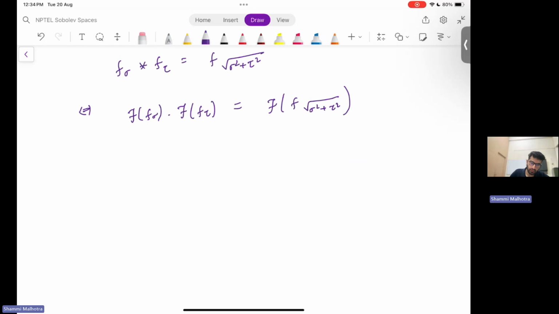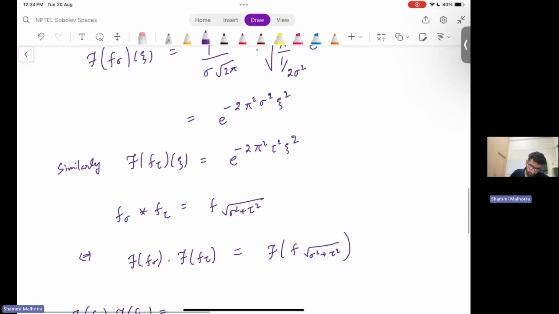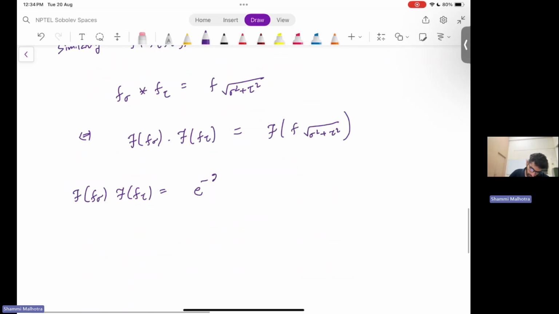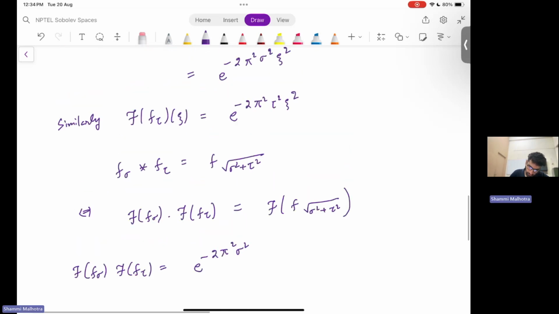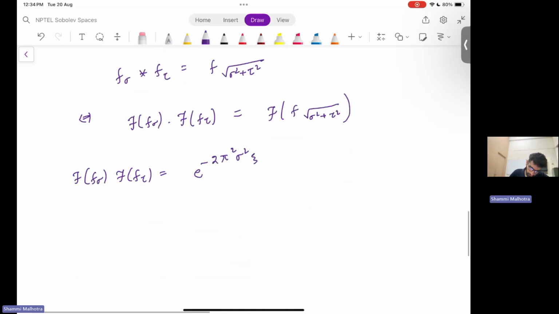So let us see what this product is. The Fourier transform of f sigma is e raised to the power of minus 2 pi square sigma square xi square, and this is e raised to the power of minus 2 pi square tau square xi square.